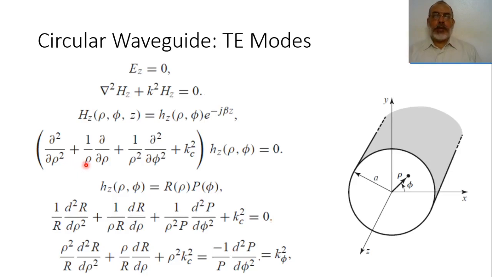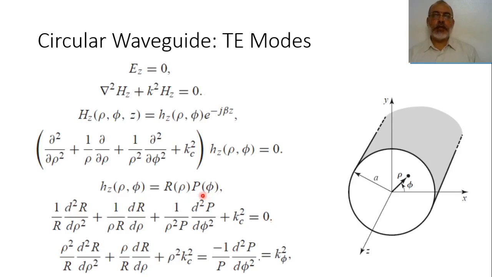By following similar steps to the case of the rectangular waveguide, we are going to use separation of variables. In this case, Hz as a function of rho and phi is assumed to be the multiplication of two functions, R as a function of rho multiplied by B as a function of phi.